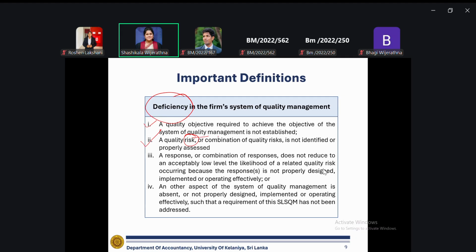We need to identify those risks, and those risks can have an impact on the achievement of the quality objectives. Those we identify as quality risks.